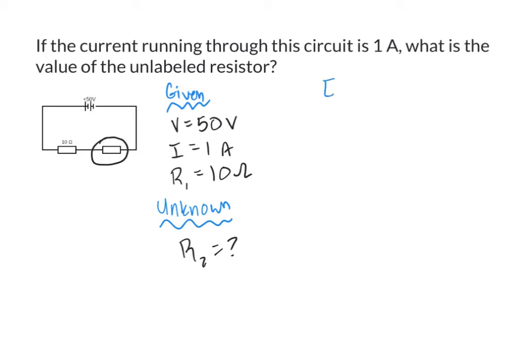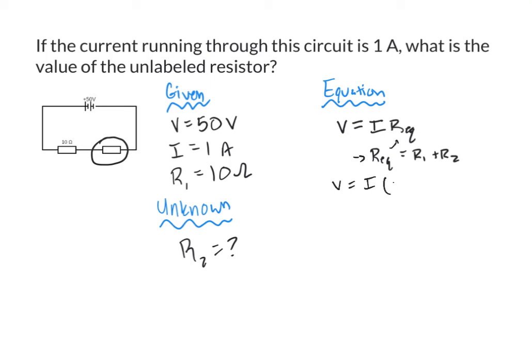So let's write out an equation here. I'm going to start with Ohm's law. So I know that V is equal to I times REQ. And then I also know that REQ is equal to R1 plus R2. So what I can do is substitute this equation for REQ into Ohm's law, which gives me V is equal to I times (R1 plus R2).